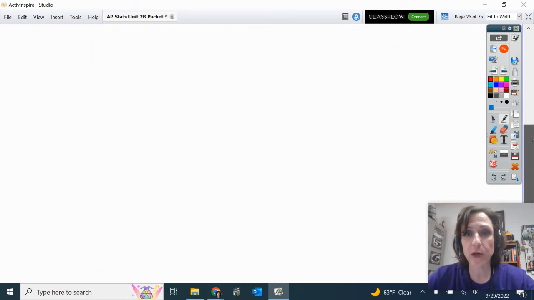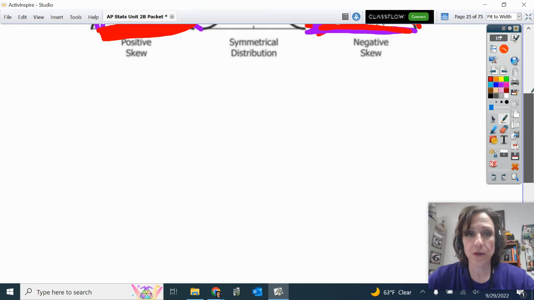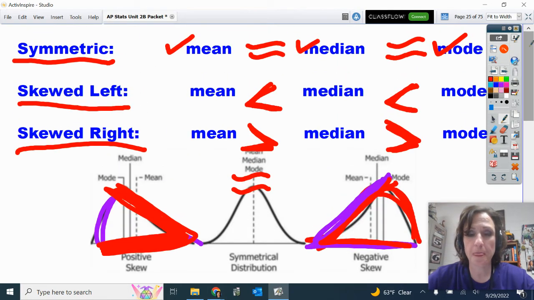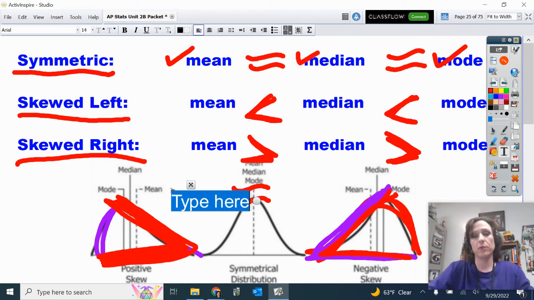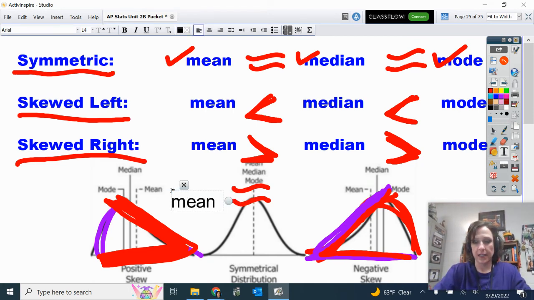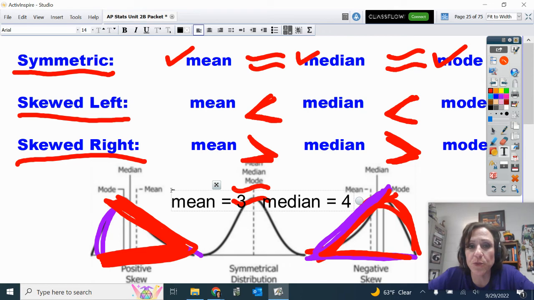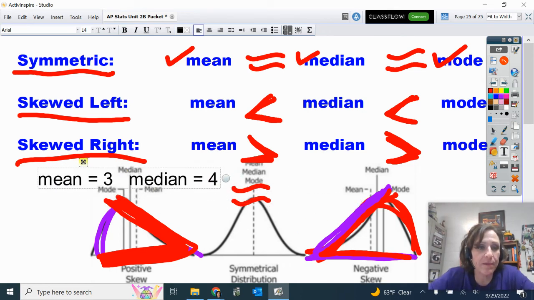Let me quiz you. I'll leave these pictures up here. What if I tell you the mean is 3 and the median is 4? What is the shape of the distribution? Well, the mean is less than the median, so that is skewed left.